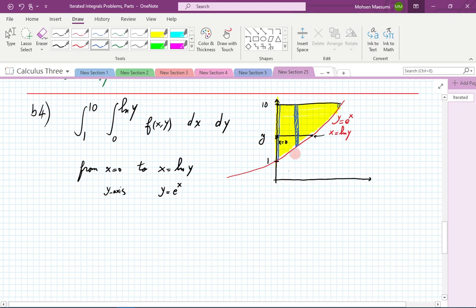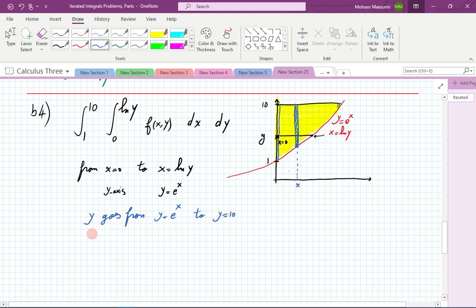So when we go in the vertical direction, y goes from, well, we start with the location x. Our starting location has to be given in terms of this. It goes from exponential of x to our stopping place, which is 10.